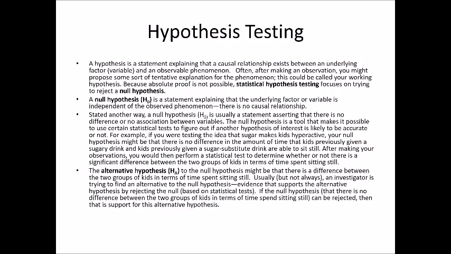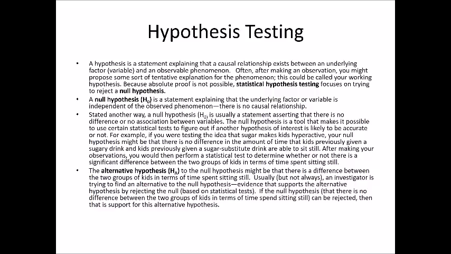This time let's talk about hypothesis testing. So we all know that a hypothesis is a statement that explains some kind of causal relationship between variables. Often after you do some observations, you might want to make a hypothesis for the phenomenon. We're going to call that your working hypothesis. But you can't ever really absolutely prove a hypothesis.